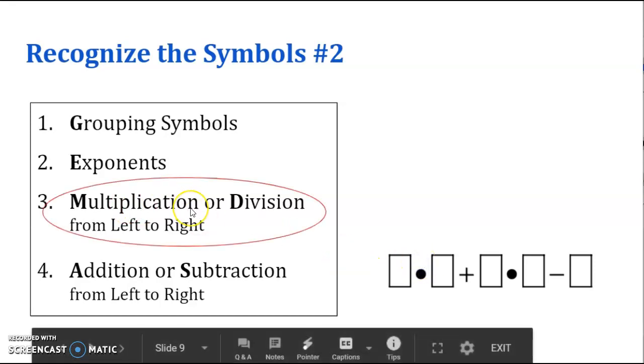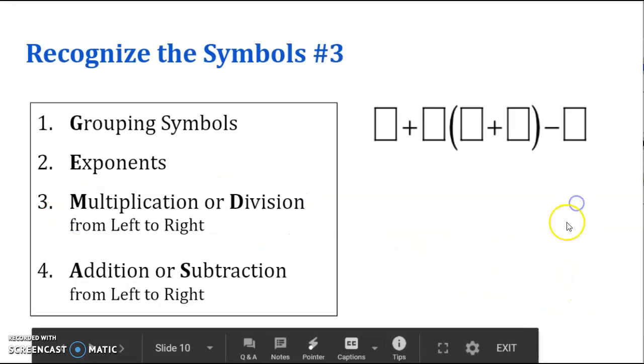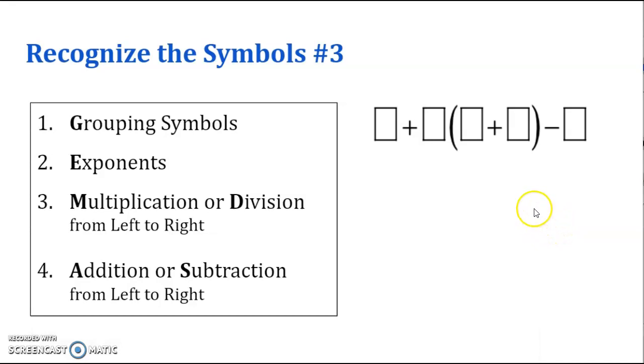So we're going to do multiplication and division first. We'll start by evaluating these two expressions, and then we're going to add them together, and from that we're going to subtract the very last number.